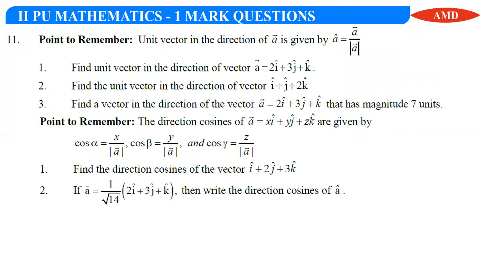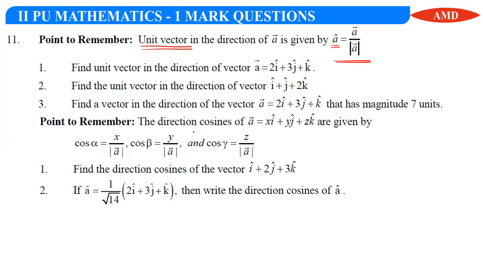Let's move on to the 11th question. This question is from vectors. The two possibilities here, the question could be based on unit vector, where the unit vector is given by the formula a cap, that's how we denote the unit vector, is equal to the vector divided by its magnitude.